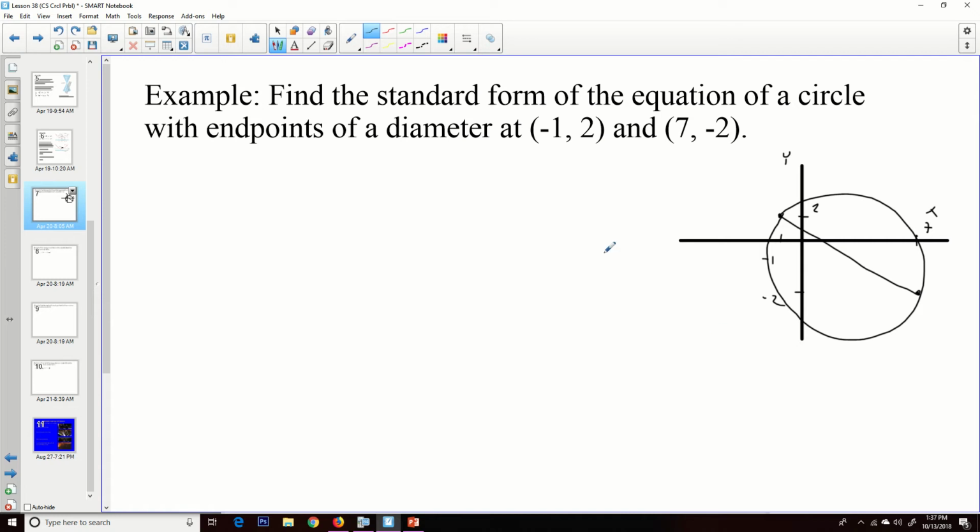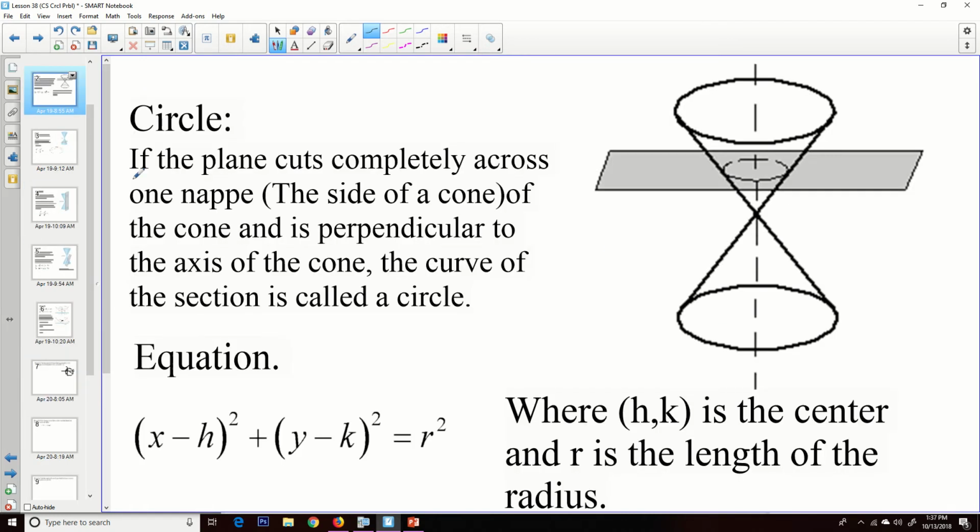Well, remember that from this first page here, if we go all the way back here, the equation of a circle is going to have x and y left in the final equation, but we need quantities for h, k, and r. Remember, (h, k) is the center and r is the radius.